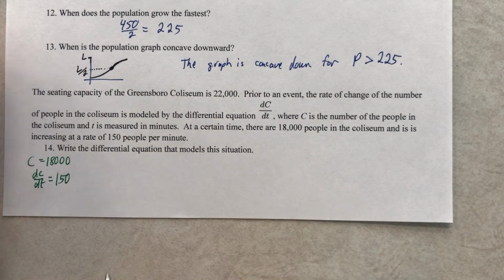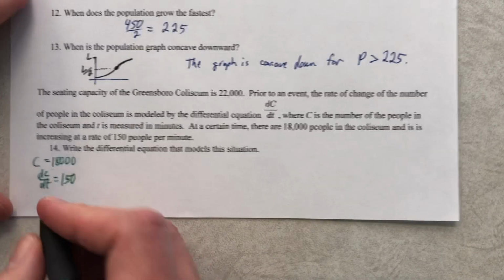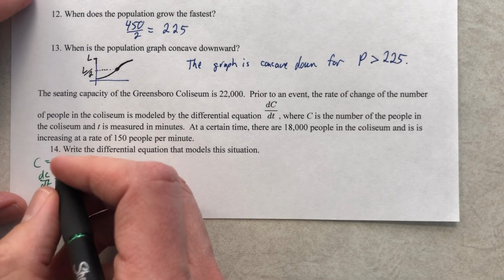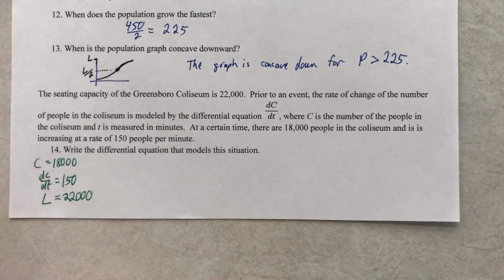Write the differential equation. Okay, well, let's just start writing stuff and then filling things in, figuring out what we don't know. So, here's one more thing I do know. I do know the carrying capacity, which I will call L, is 22,000 right there.